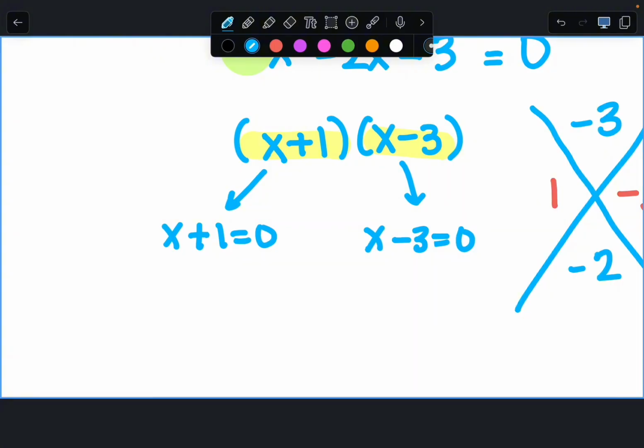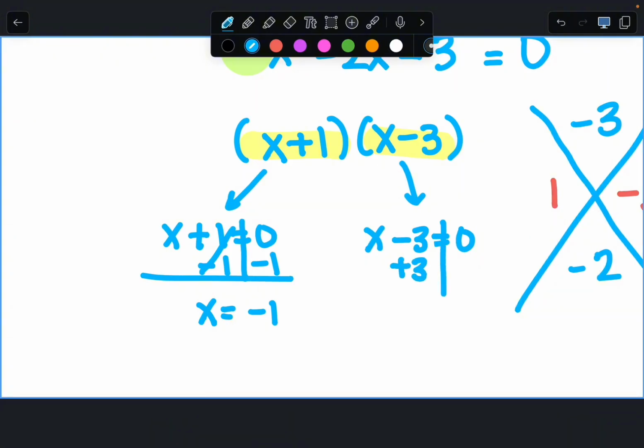Now, the first equation is just a 1-step equation. How do you move the 1 back over? You subtract it. -1. So you get x equals -1. And then the second one, you add the 3. So you get x equals 3.